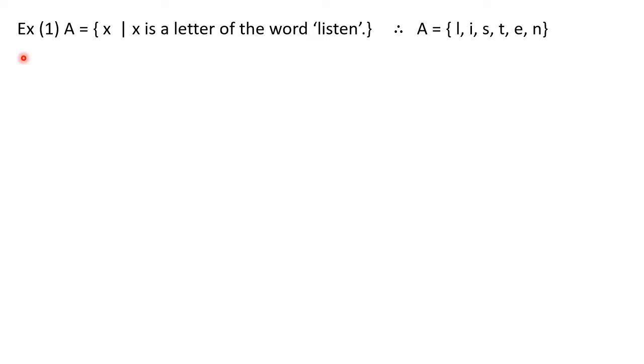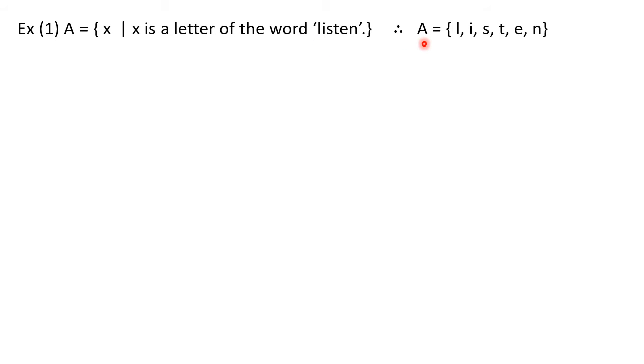Okay, so here, first example, A is a set of all x such that x is a letter in the word listen. Okay, so this is set builder form or rule method. Whenever we compare sets, if we want to find whether they are equal or not, and the sets are given in rule method, you have to convert them into the listing form. So write down all the letters from this word.